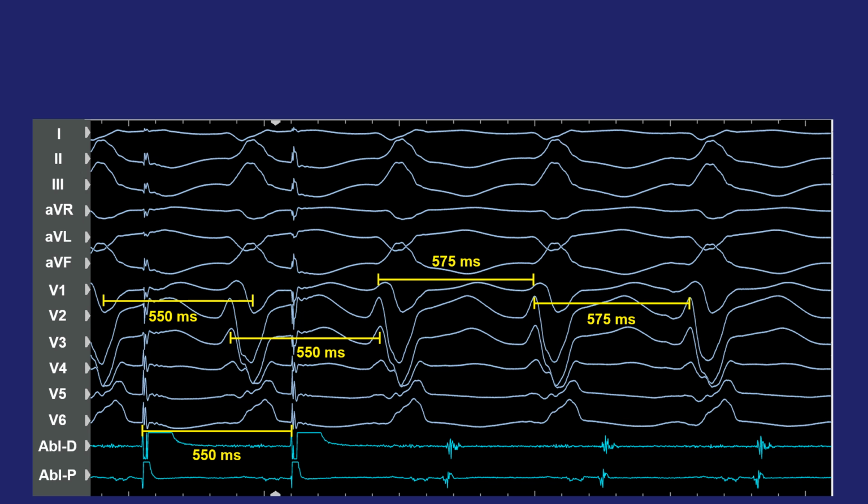Yes, we accelerated the QRSs to our pacing rate, number 1. And number 2, we can figure out which is the last advanced QRS. So this last pacing stimulus goes to this last advanced QRS because it's at 550 milliseconds. The next interval is back at the VT cycle length. So this is the one that's advanced.